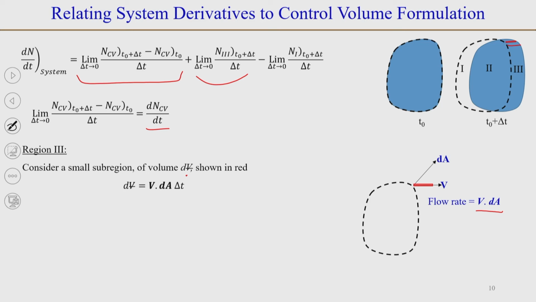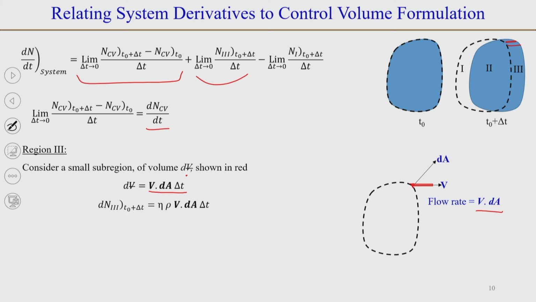Because this is the flow that has gone out of the control volume in time delta t, through this area dA the flow that has gone out will be V dot dA times delta t. So, in time delta t, V dot dA delta t is the volume of the fluid that has gone out.